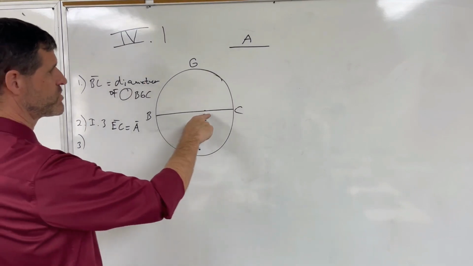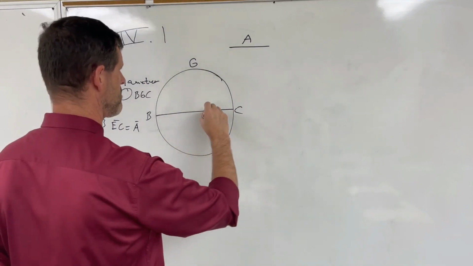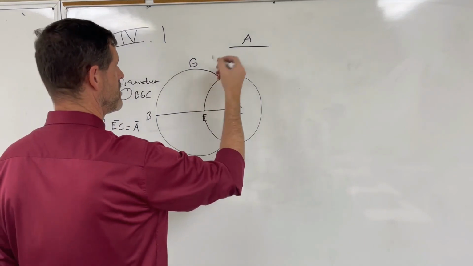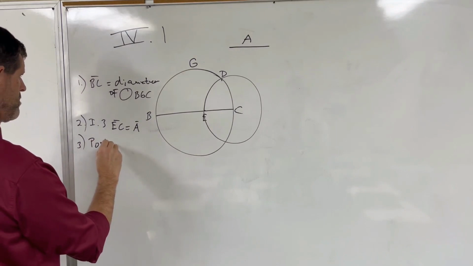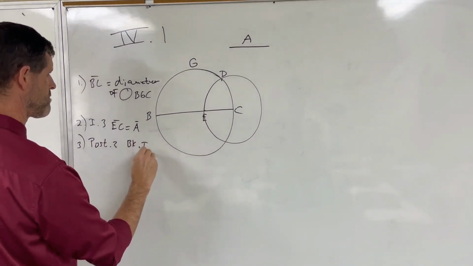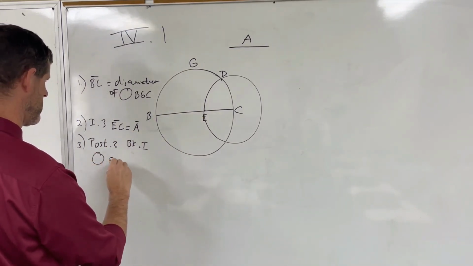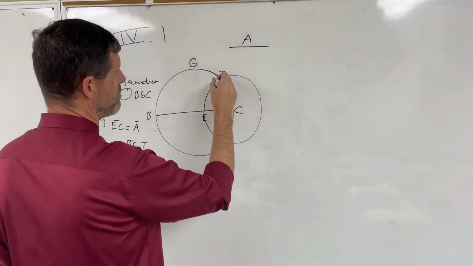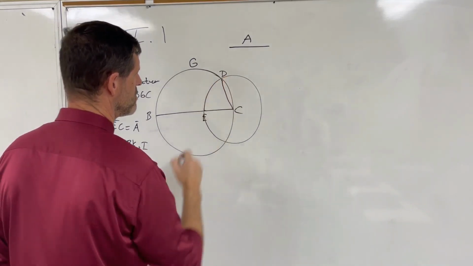So with EC as our distance and C as our center, we're going to create a circle, and we'll call it circle EDC. Where they intersected, we label that point D, and then we're going to connect D to C.